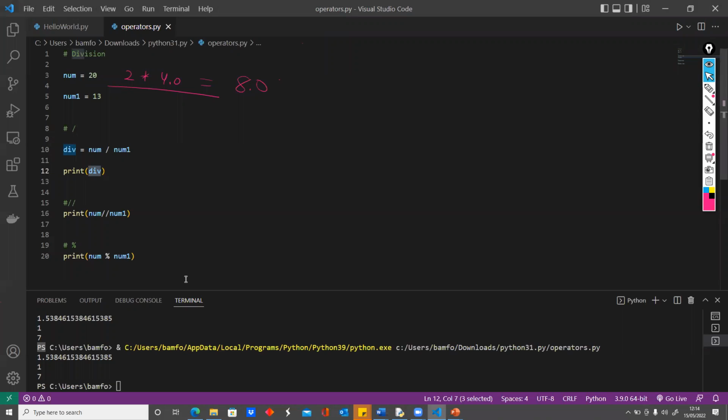So now let's have a look at the same values, but this time around we're going to change one to a float, and we do the operation for division.